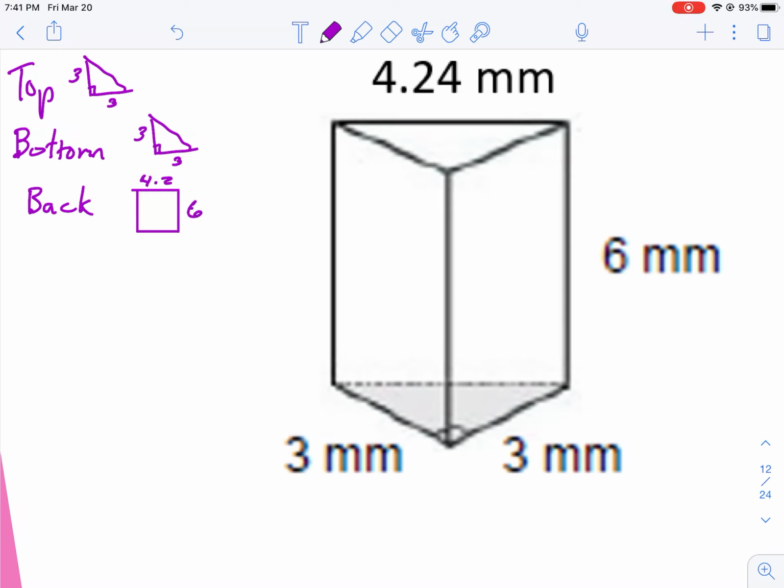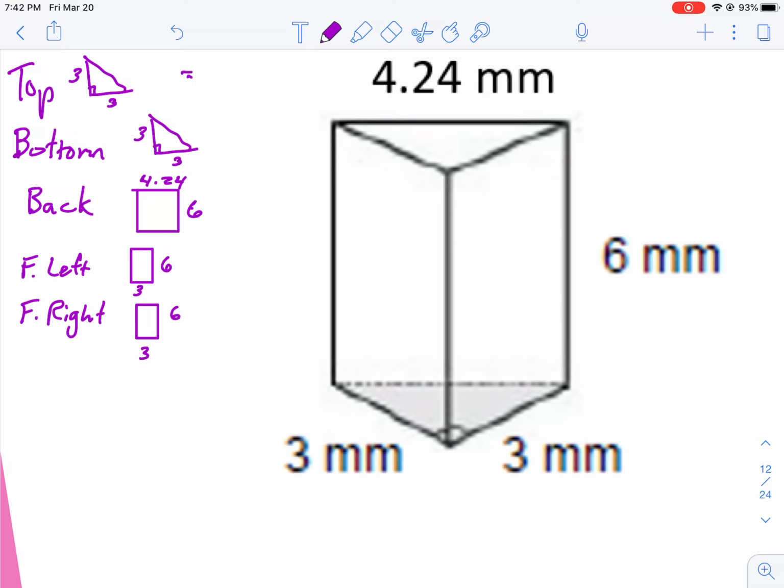Its height is 6 and its length is 4.24. And then we have the front left and the front right, which are also rectangles. They're going to be a little bit skinnier rectangles. And what do we know about these rectangles? We know that these rectangles are also 6 millimeters high, but they're 3 millimeters wide.